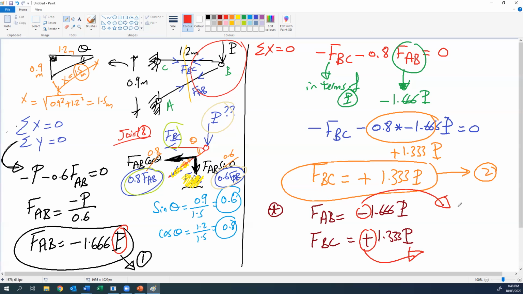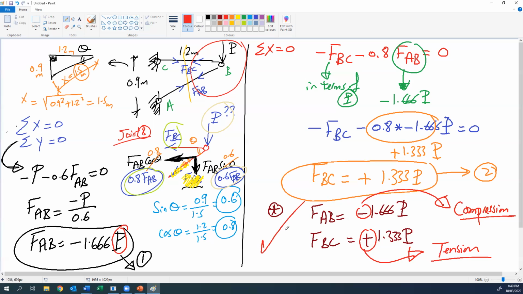The negative sign means that member AB is under compression, and the positive sign in member BC means that the member is under tension. So member AB under compression, member BC under tension.